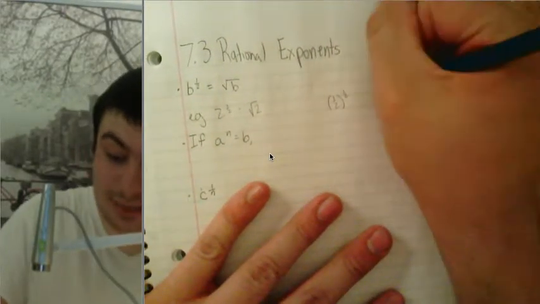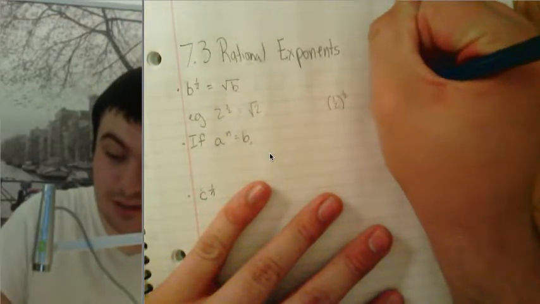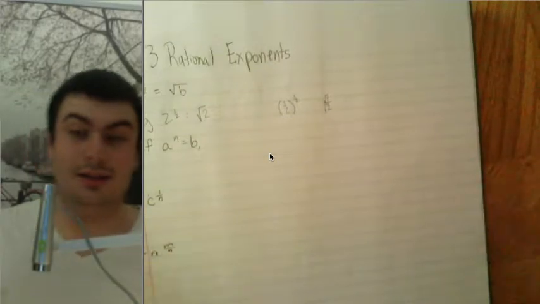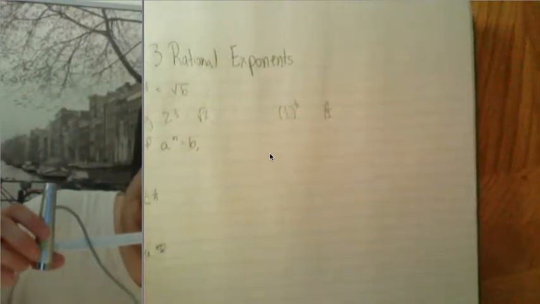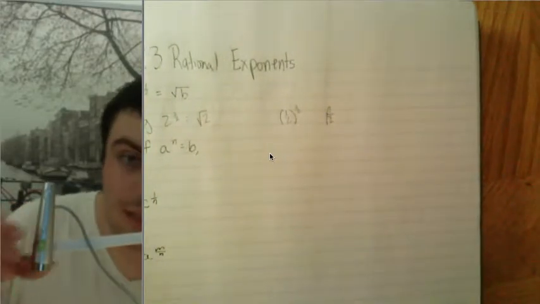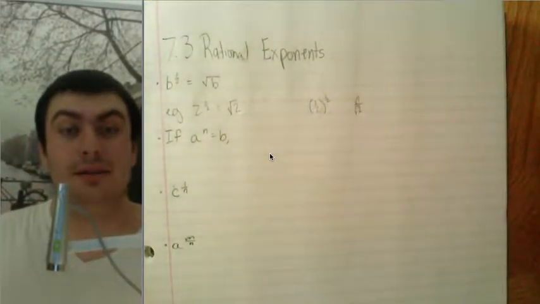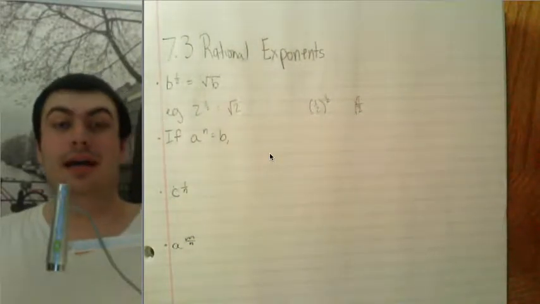That's like saying that we have the square root of 1 over the square root of 2, like we had learned in the previous section. Now, so that's if we have it to the 1/2.